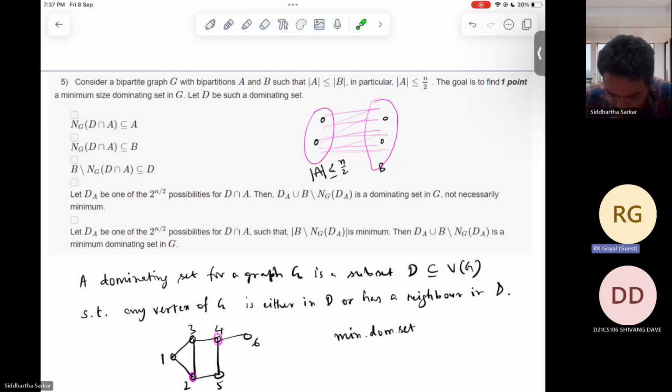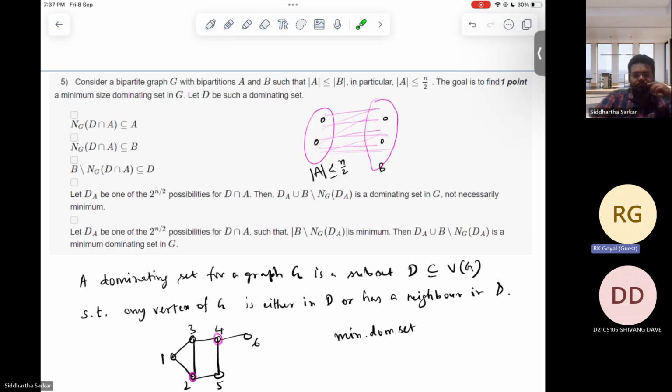Because D intersection A, so D would be having either the vertices of A. D is the dominating set of the graph G, so it would have the vertices of A or some of the vertices of B, because quite possible that A could be the neighbor of some of the vertices of B. So the cardinality of D intersection A would be less than the cardinalities of the individual sets, either A or B. It would be smaller.